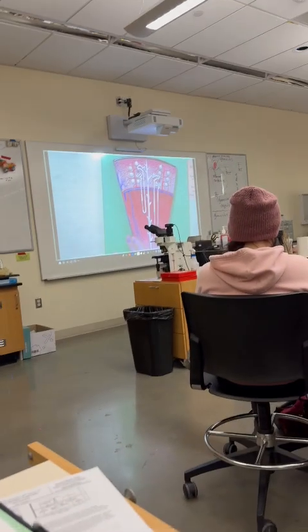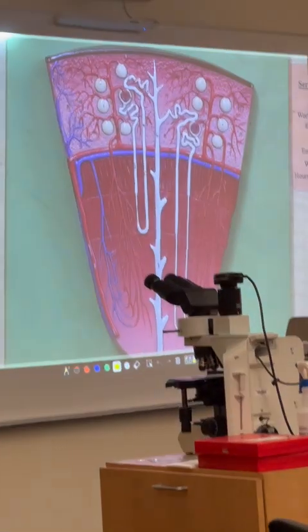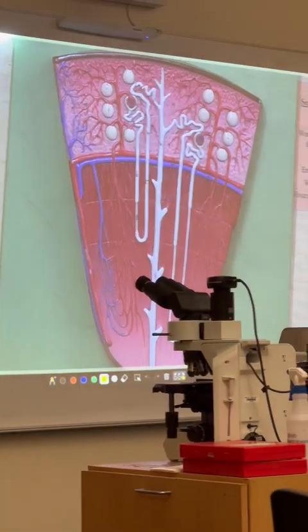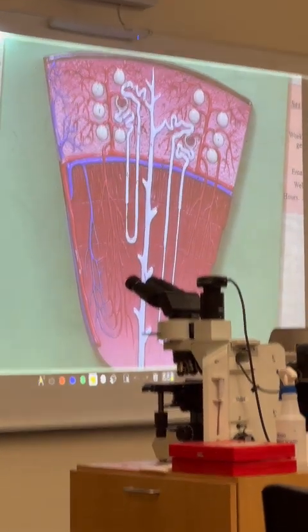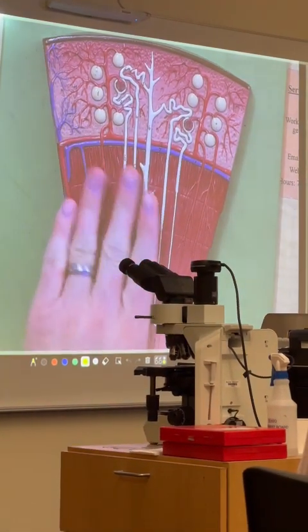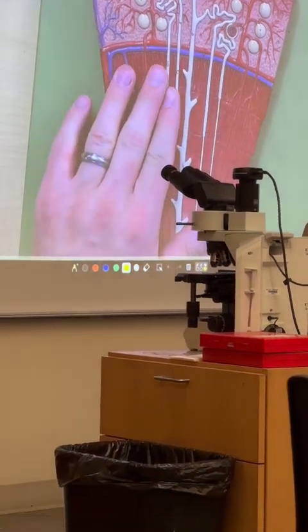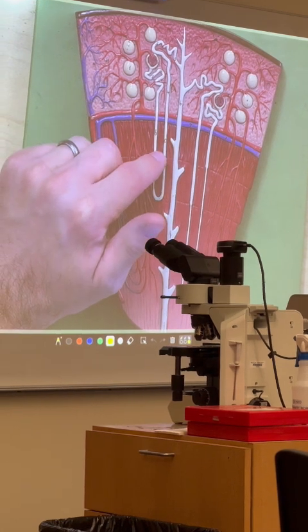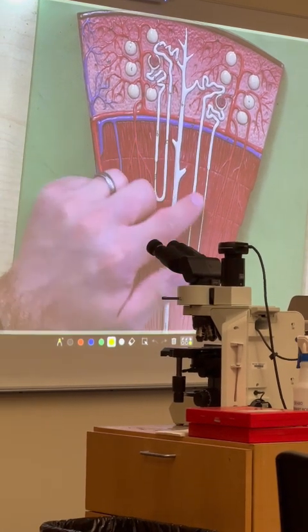But let's come back to our model real quick. Right here is a good example of what we're looking at. Of course, this would be a single renal pyramid in the kidney that I have up on my microscope slide. When we look at the medulla, remember the medulla is made up almost entirely of collecting ducts and the limbs of the loop of Henle.